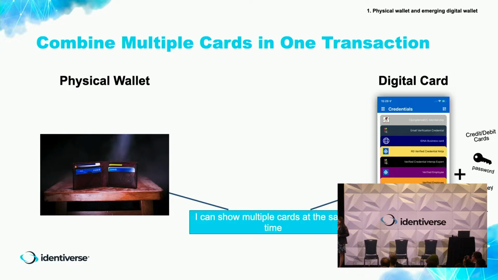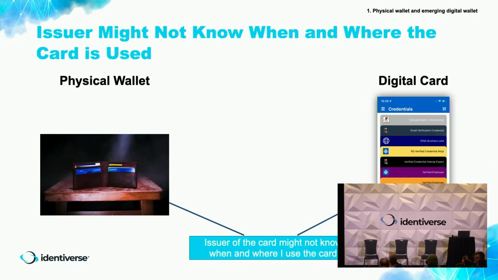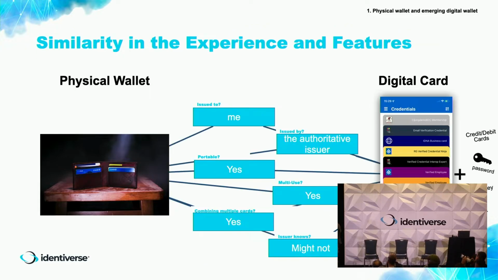If they want to check where I work, I can show my employee card alongside this physical, digital driving license. An issuer might or might not know where I'm using the card. If it's a border control, there's hopefully a log left that I moved from Washington to Colorado. But when I'm using a driving license at the bar, there's probably no log.